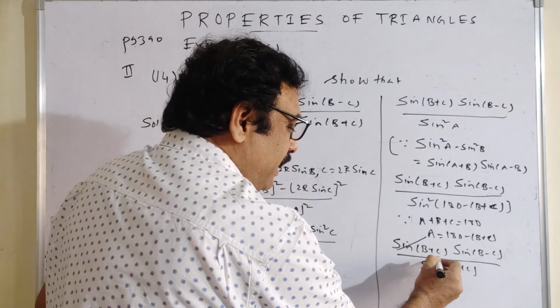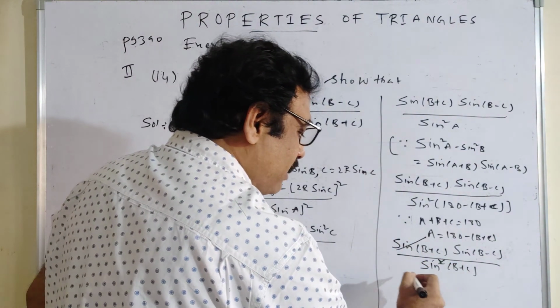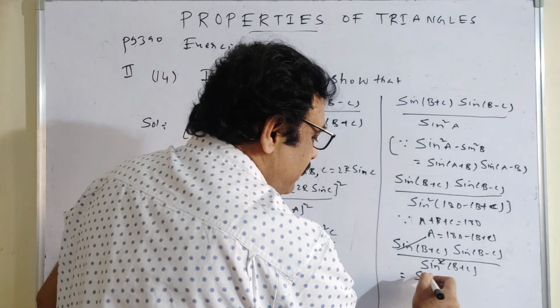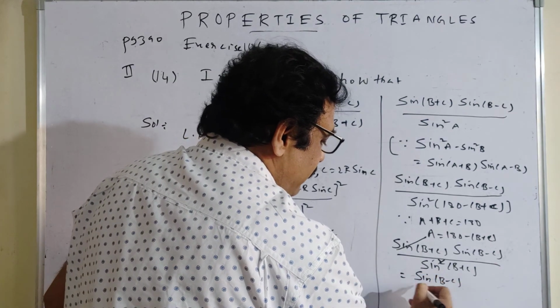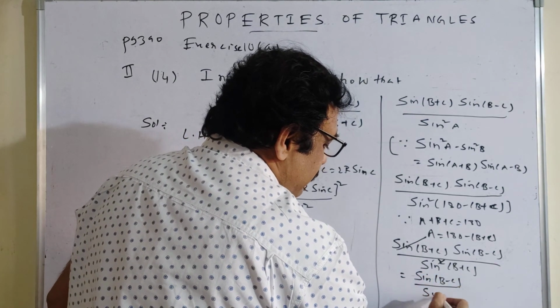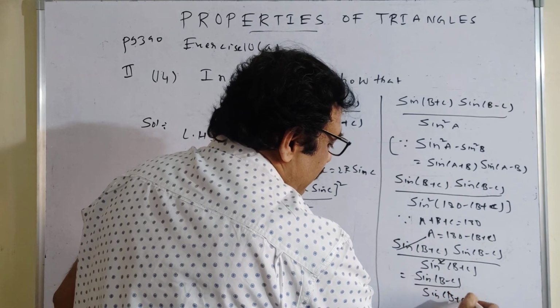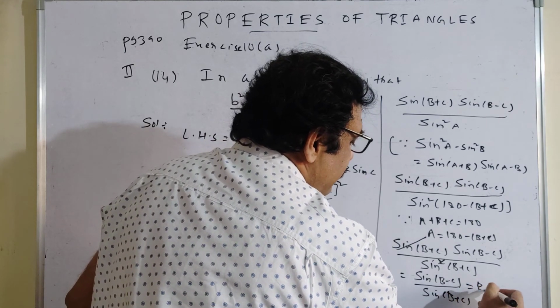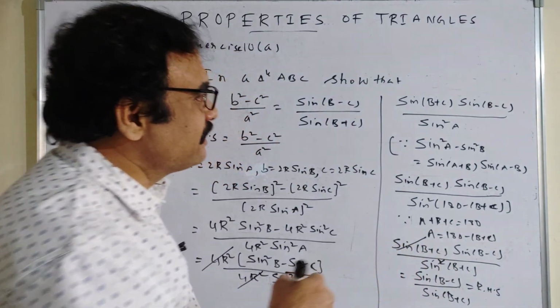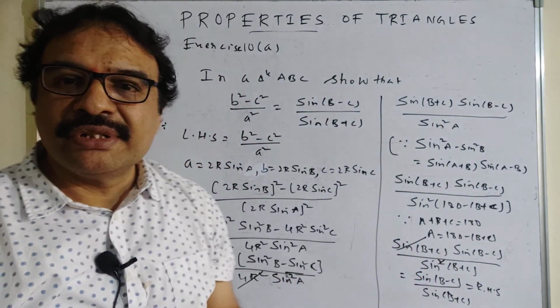Among the two sines, one has gone, so you get sine of (B minus C) by sine of (B plus C). Here LHS is equal to RHS, and that is the solution.